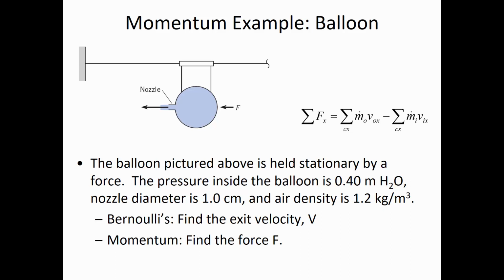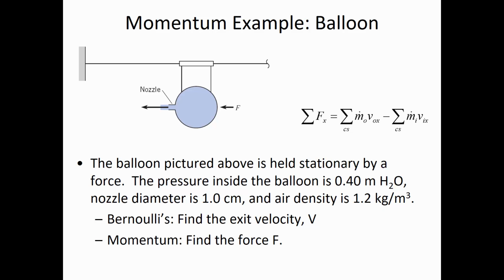So that's Bernoulli's equation. And what we can do is cross out both of the elevation terms because we're applying it between 1 and 2 that are on the same vertical plane. So we cancel out the Z1 and Z2.